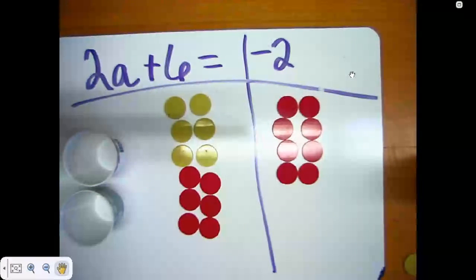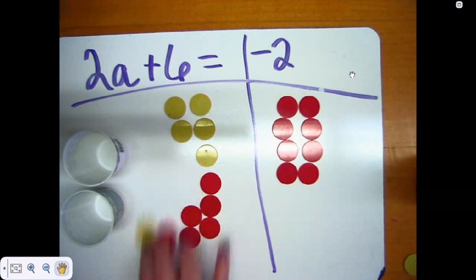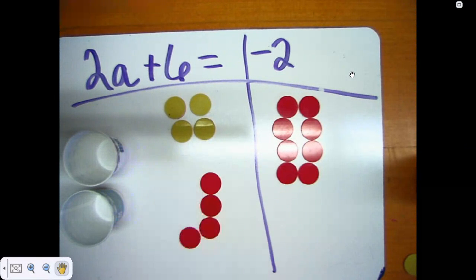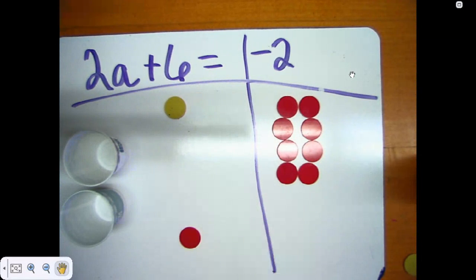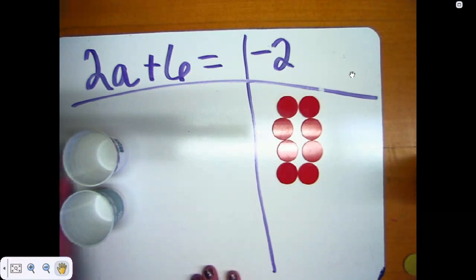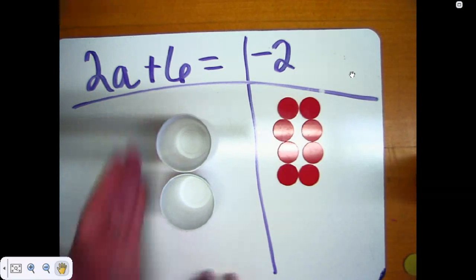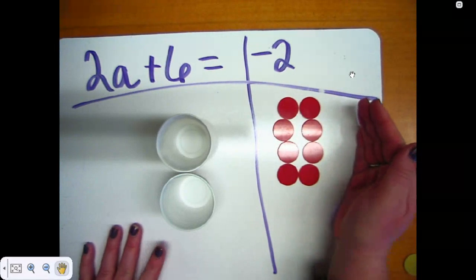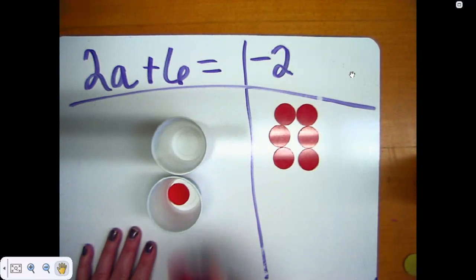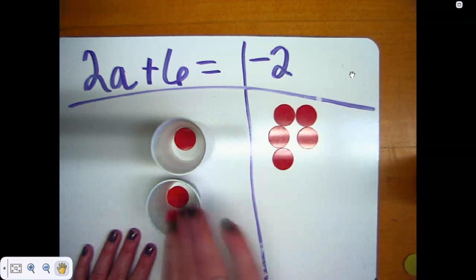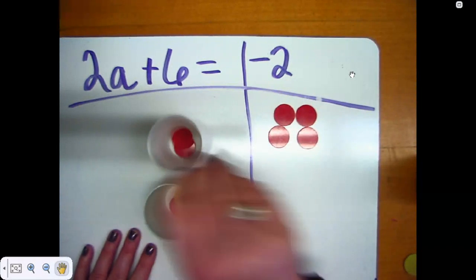Okay, I see that I have 0 pairs, so I'm going to remove them. And now I'm left with only variables and only red counters. So now I can divide these red counters into each cup, and I'm noting that they are red, so my answer is negative.